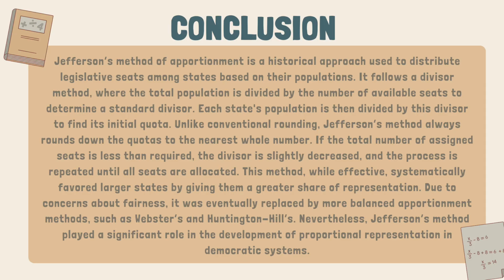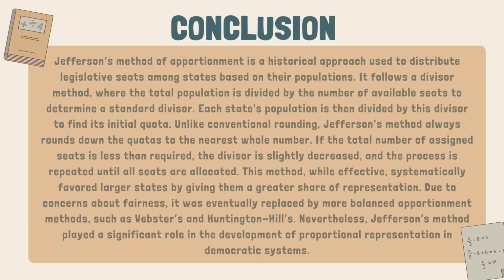Each state's population is then divided by this divisor to find its initial quota. Unlike conventional rounding, Jefferson's method always rounds down the quotas to the nearest whole number. If the total number of assigned seats is less than required, the divisor is slightly decreased, and the process is repeated until all seats are allocated.